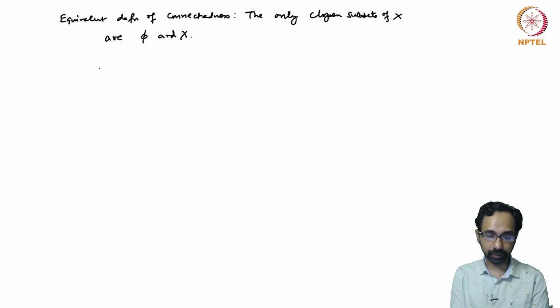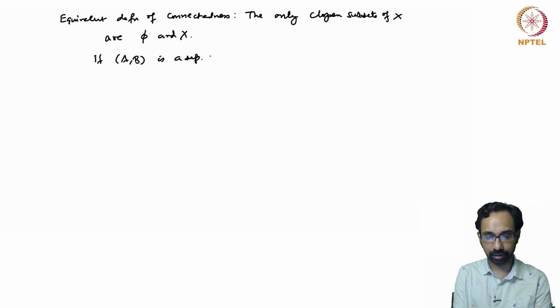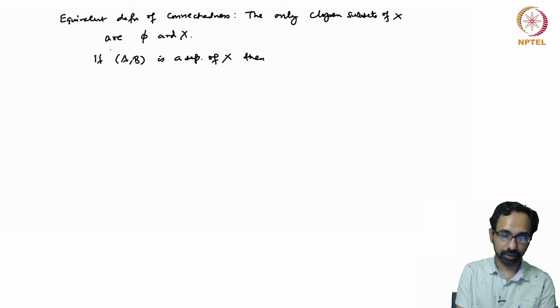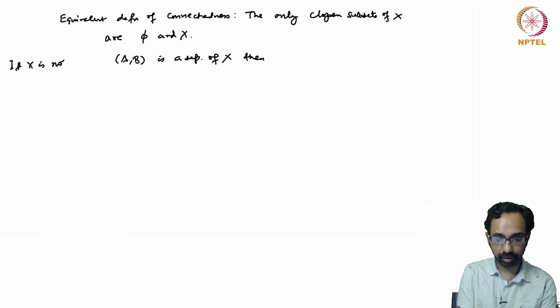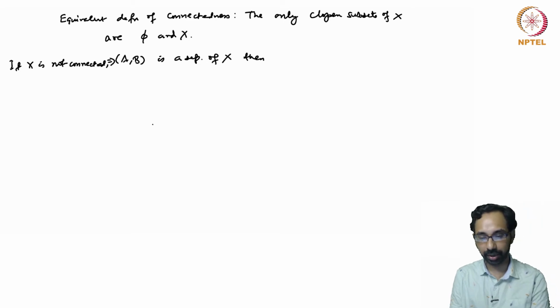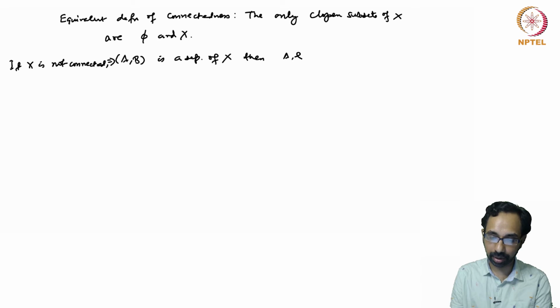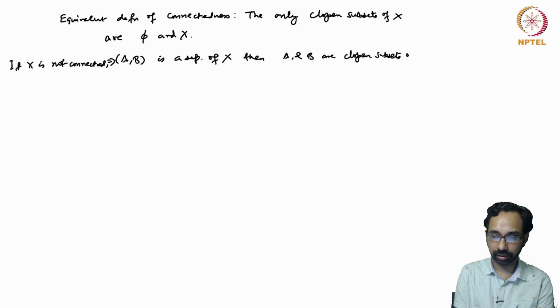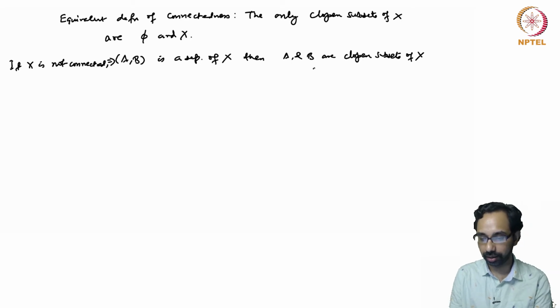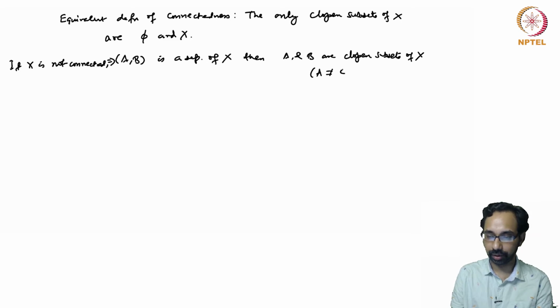In one direction we have already seen that if (A, B) is a separation of X, so if X is not connected, say, then this implies that (A, B) is a separation of X, and then A and B are clopen subsets of X, and these are different from phi and X.